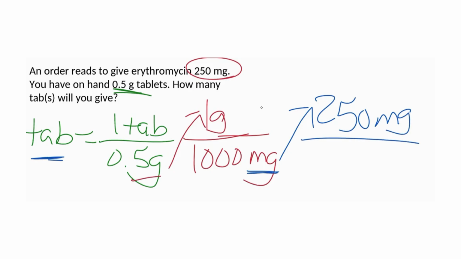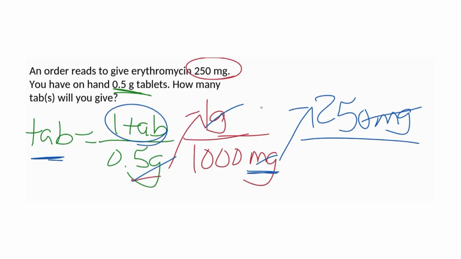Now we can cancel out milligrams. Our grams cancel, and that leaves tab. So now we can move on to calculation. We don't have anything else to cancel out in our units of measurement. We only have the tab, which is what we're looking for.